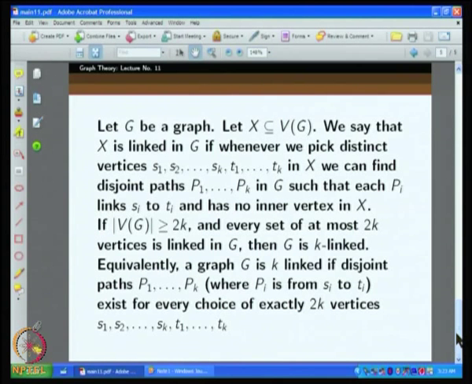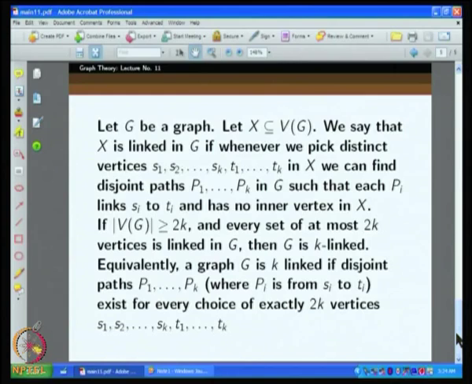In other words, suppose V of G is greater than or equal to 2k. If every set of at most 2k vertices is linked in G, then G is k linked.